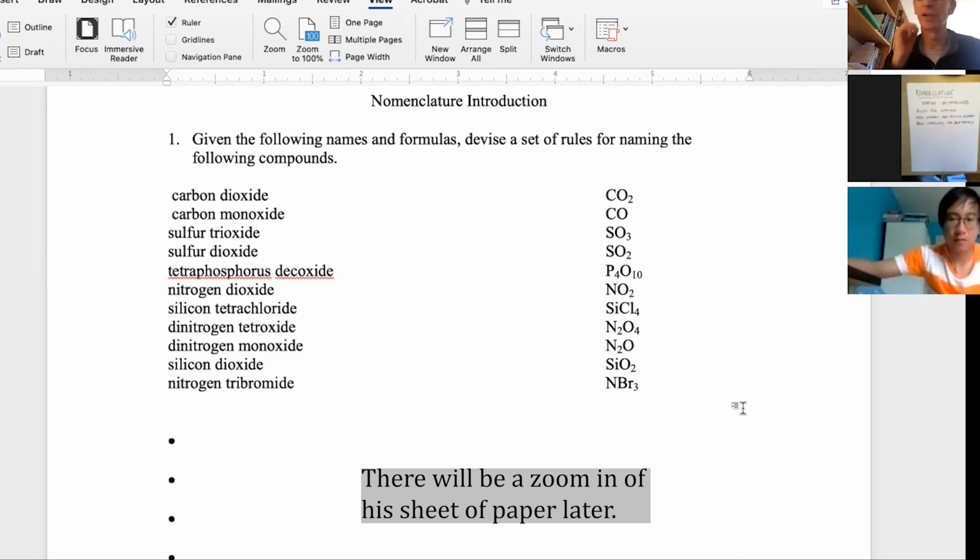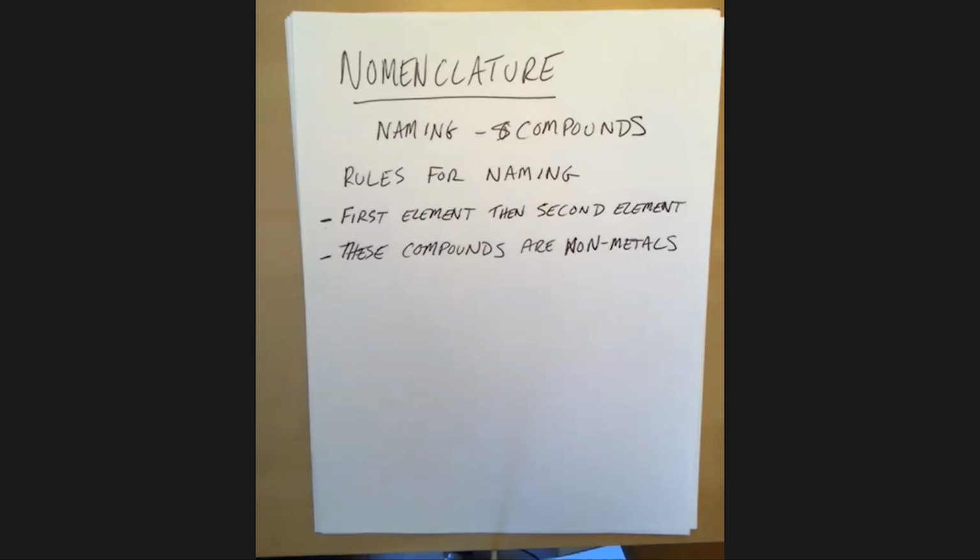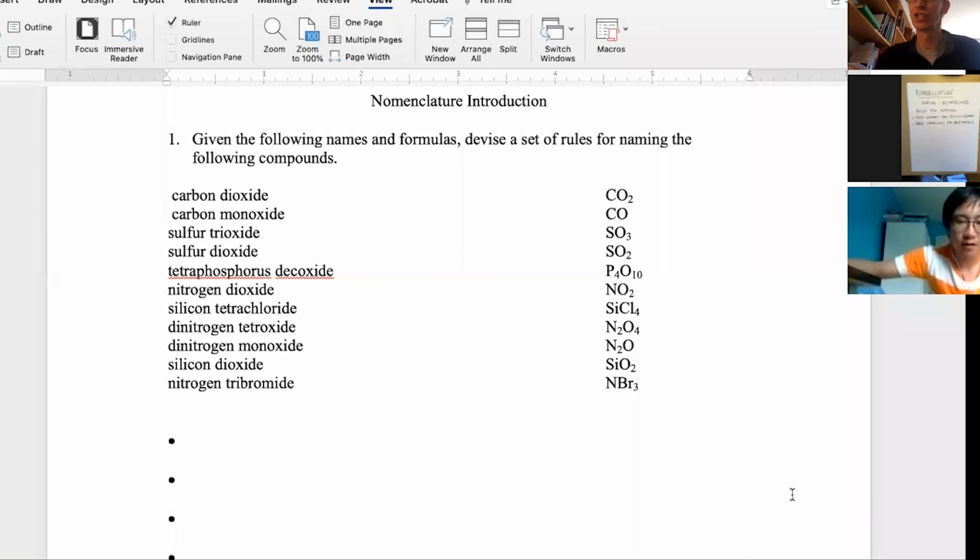They come from the right-hand side of the periodic table. That's one of my rules. So first element first, then the second element. These compounds are all nonmetals. Yeah, and each element that makes up the compound are nonmetals. Okay, what else you got?